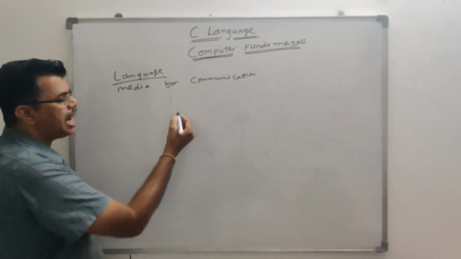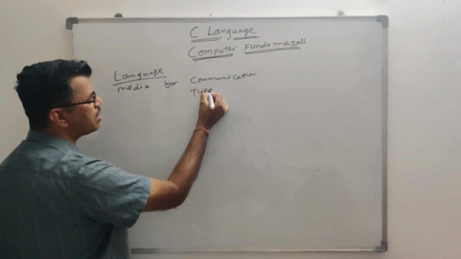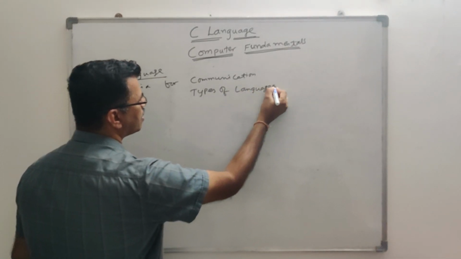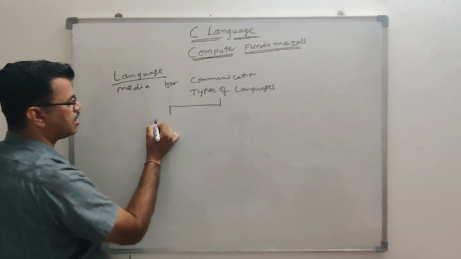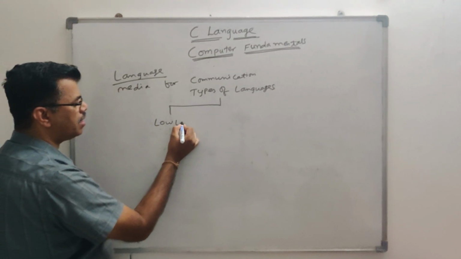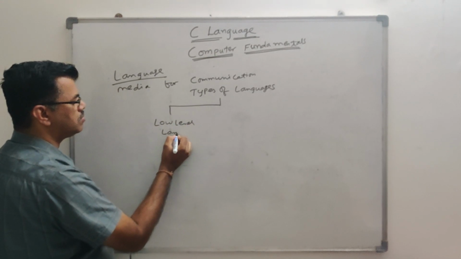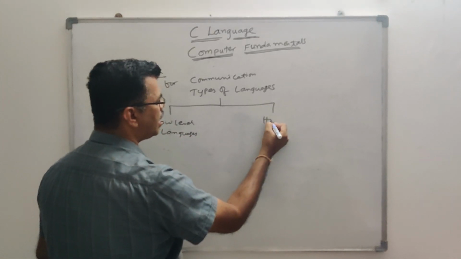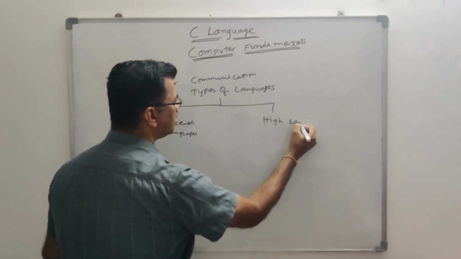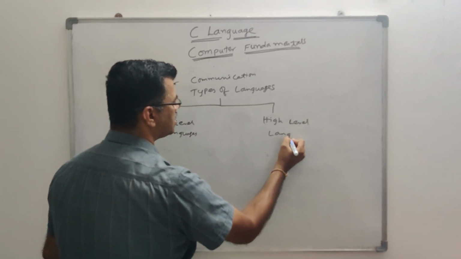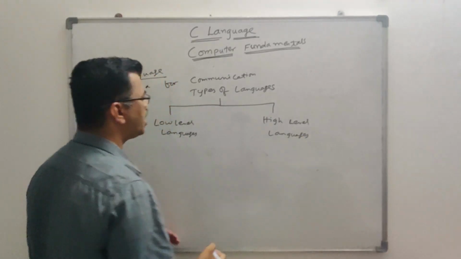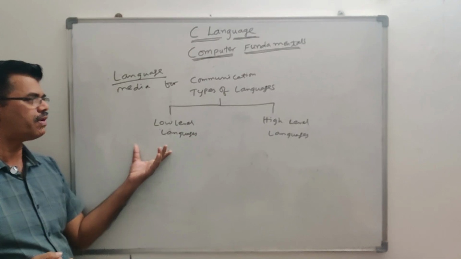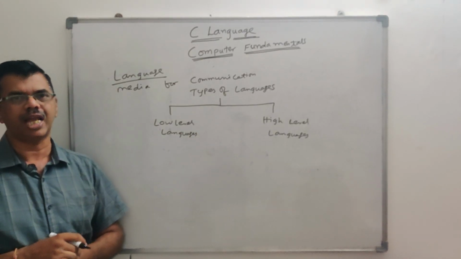Now, related to software, we have types of languages. We have two types of languages to communicate with the computer: low level languages and high level languages.